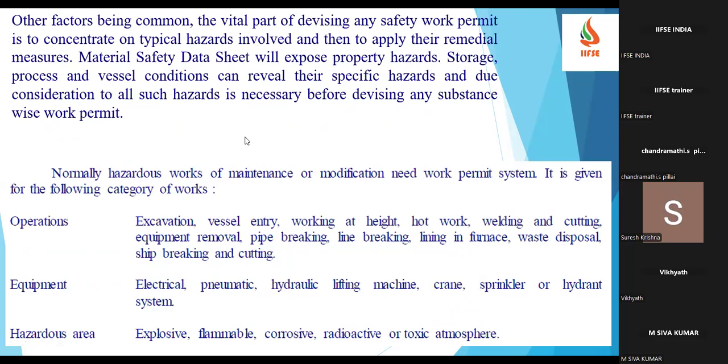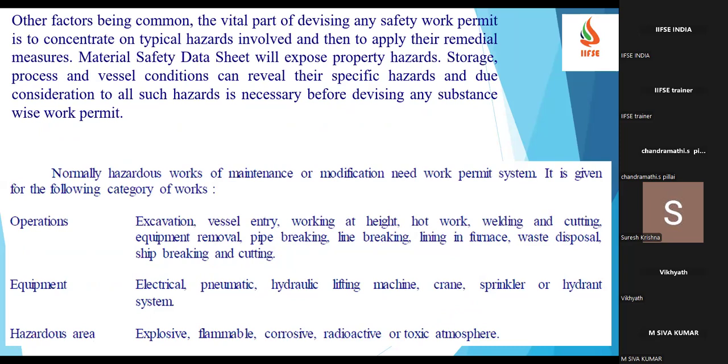Then what are the other factors being common or a vital part of devising any safety work permit is to concentrate on the typical hazards involved and then to apply their remedial measures. The material safety data sheet will expose the properties of the hazards.